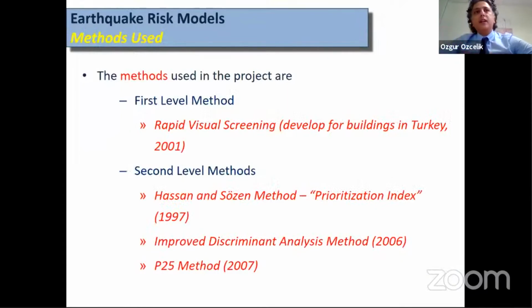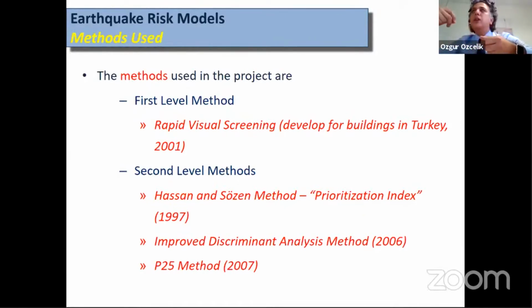So what methods were used? For the first level methods, we used a rapid visual screening method. This was developed specifically for buildings in Turkey because every city or every country has a certain construction practice, okay? So the vulnerabilities of the building stock of that country are different from another country.